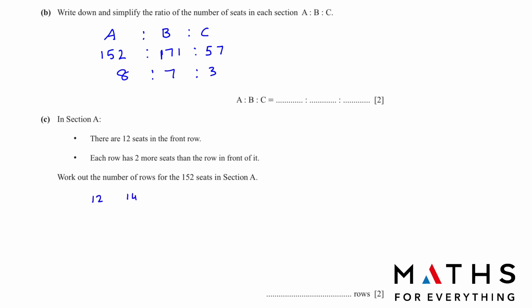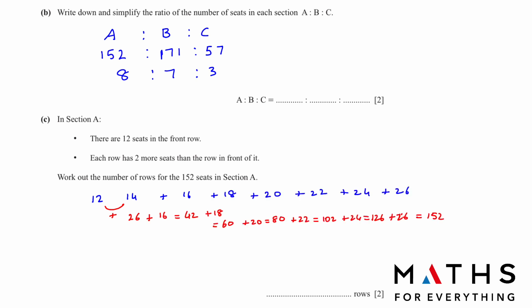Now total number of seats is 12 plus 14 will give us 26. Then you add 2 more, so it is 16. Now 26 plus 16 will give us 42. So we keep adding like that till we get 152.